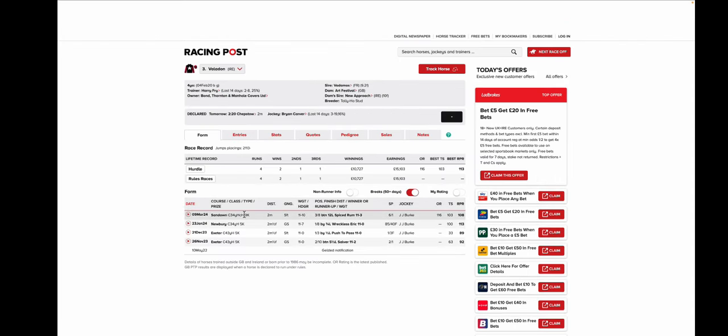If we click on Valandon, we know that it's trained by Harry Fry. Harry Fry is a top trainer, had 2 winners from his last 8 runners this season. This horse was always quite well fancied, 2-1, 1-3, 85-40. We should look at the odds there. Won 2 of his 4 hurdles, making a very quick transition to chasers.